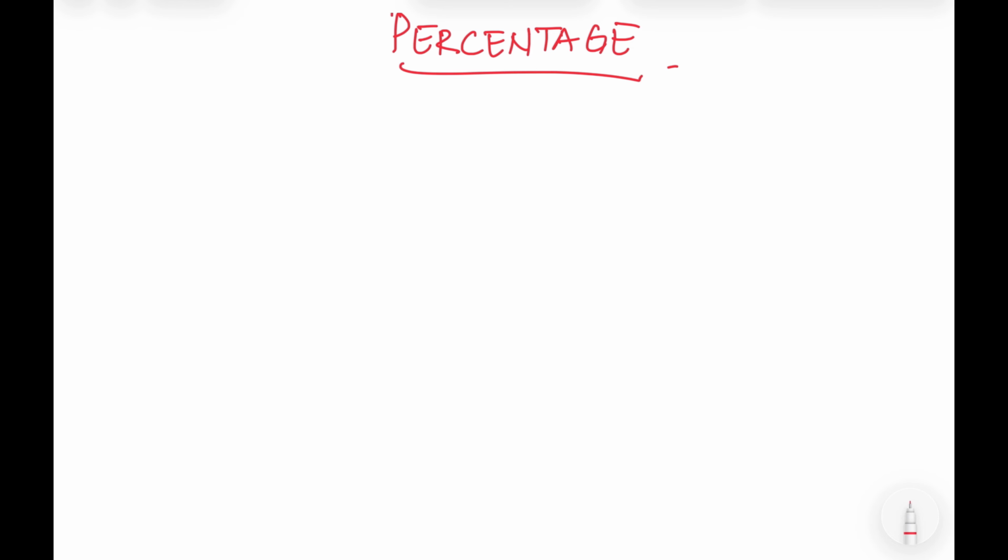And as an adult or a person who's working somewhere, percentage profit, percentage loss, for everyone percentage is very important, right? So what is actually percentage?